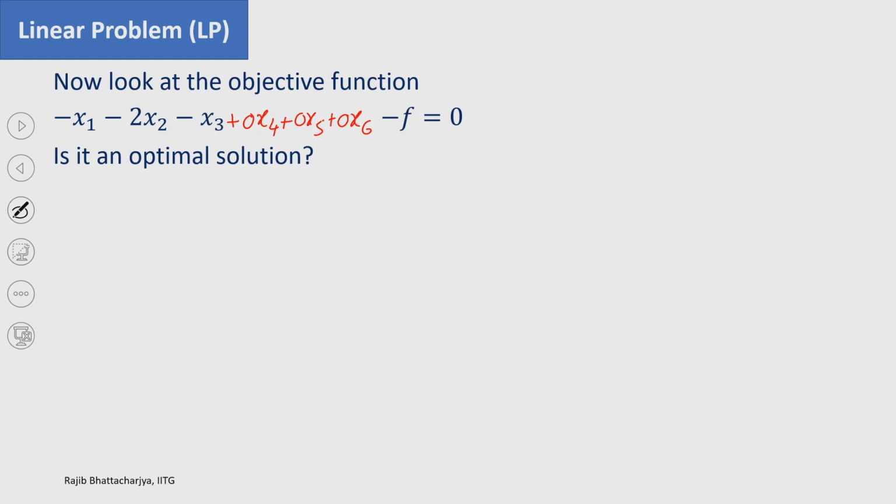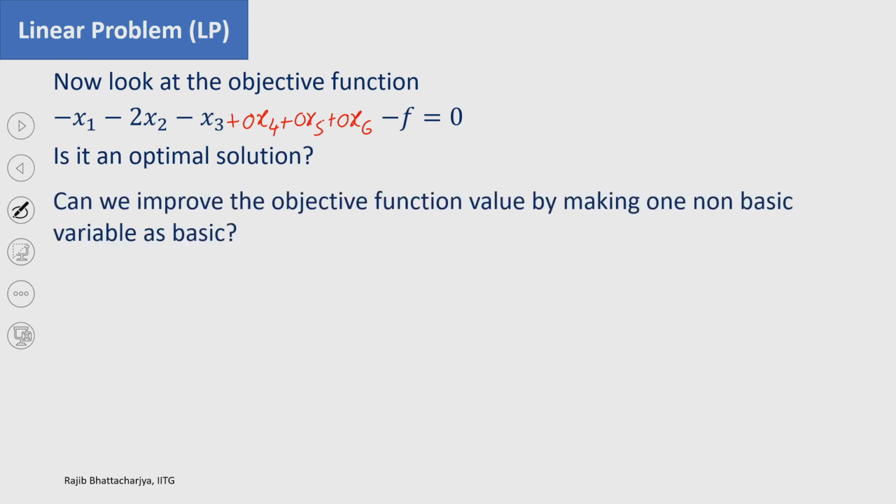That means, if I make one of them a basic variable, my objective function will reduce, because the coefficients of all three are negative. So, therefore, the question was, can we improve the objective function value by making one non-basic variable basic? This is the question.